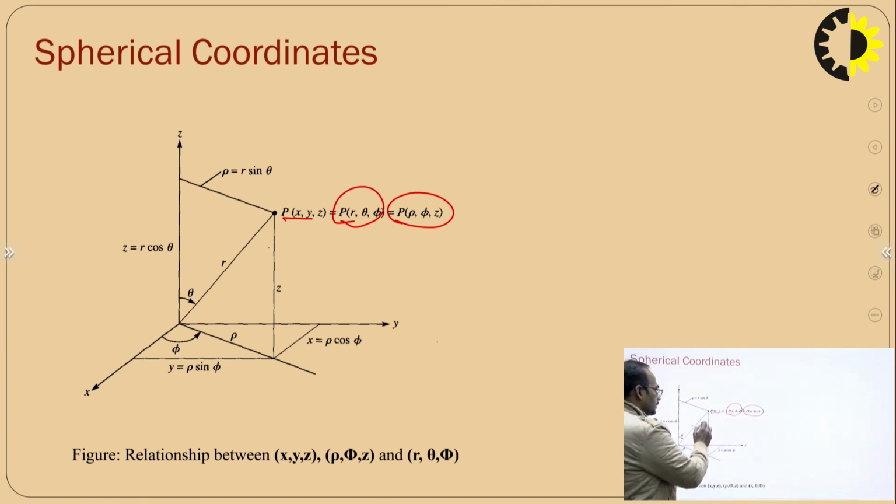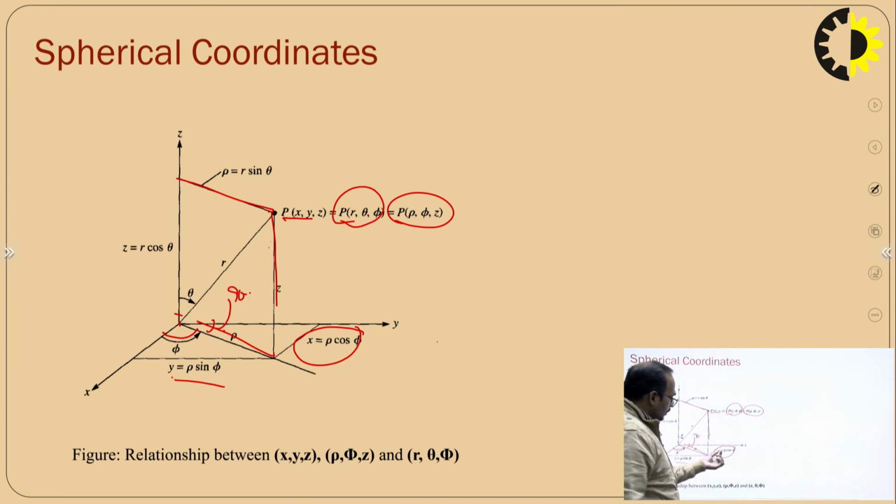I have considered this point P at distance z from this plane. This plane was formed in the case of the cylindrical coordinate system. By varying phi from 0 to 2 pi, I was getting a circle at the base, or you can say in the xy plane. And I have already found the value of x and the value of y by considering this angle phi and this angle 90 minus phi.